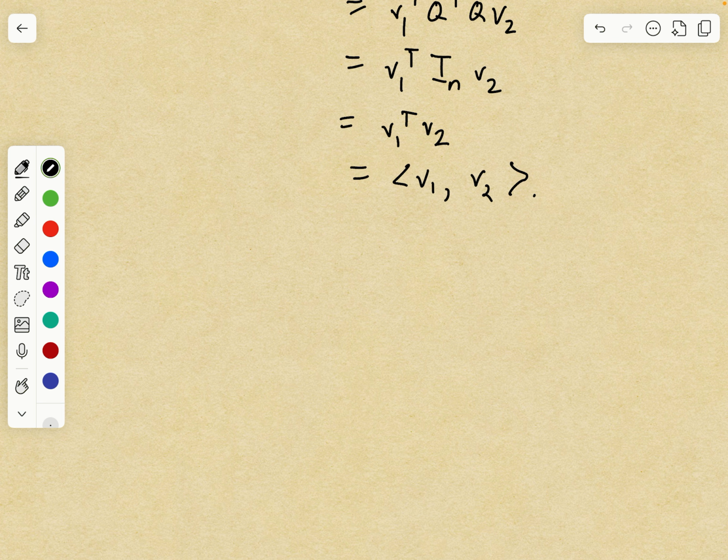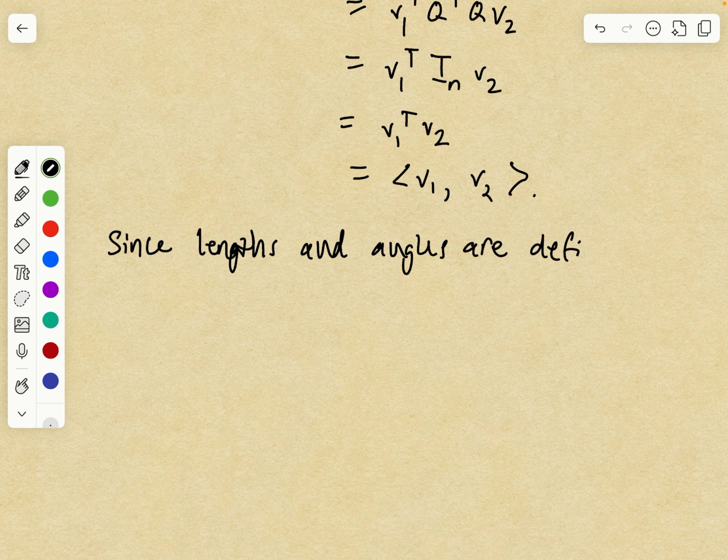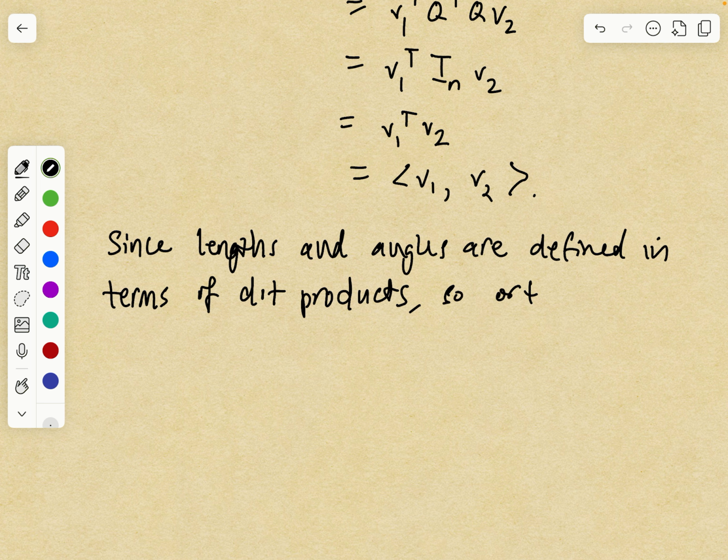So for instance, lengths and angles are defined in terms of dot products. So orthogonal matrices preserve those also.